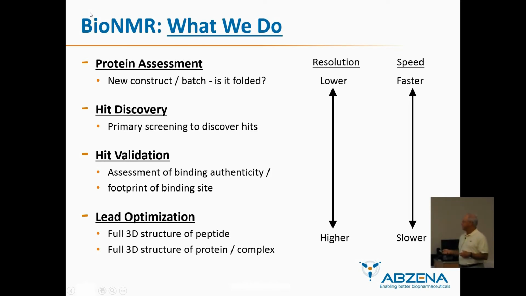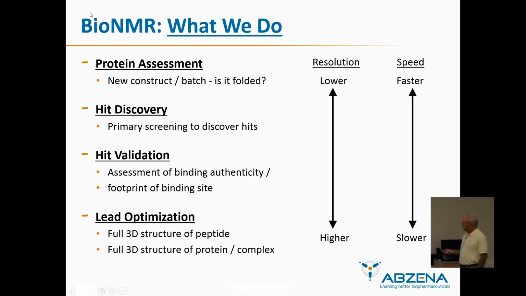You can do the hit validation incorporated with the screening, so you can just do your primary screening with NMR. It's a little slower than higher throughput methods, but you're simultaneously getting hit validation. So in terms of total time, it might actually be faster to do the screening with NMR from the start.